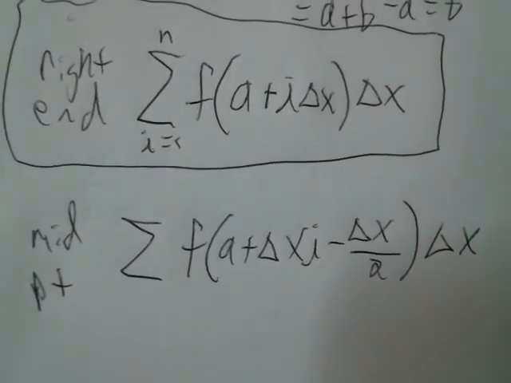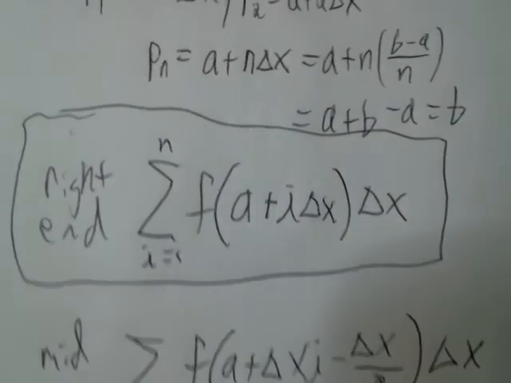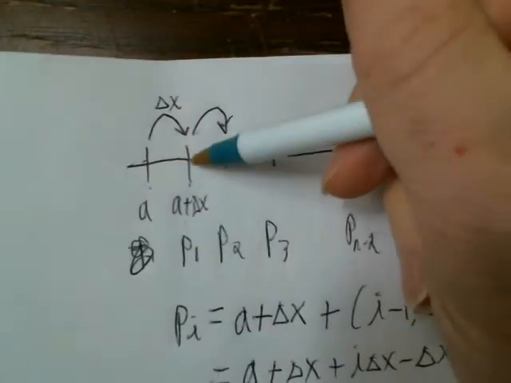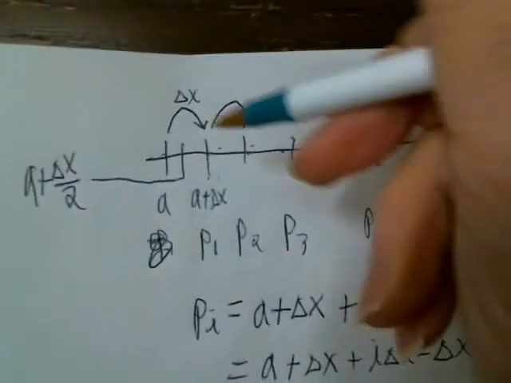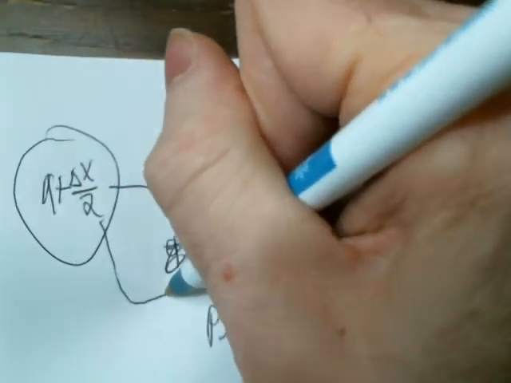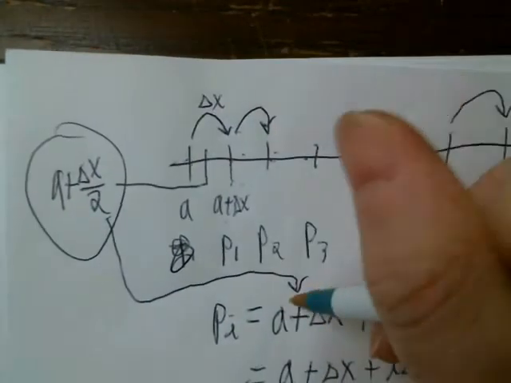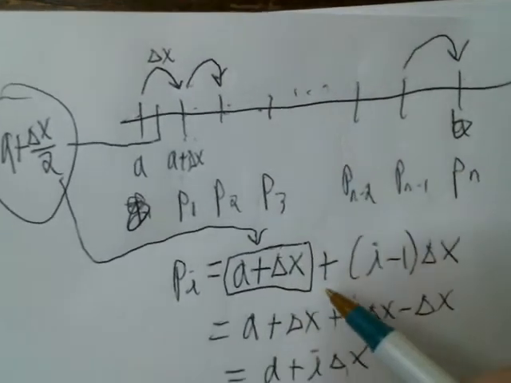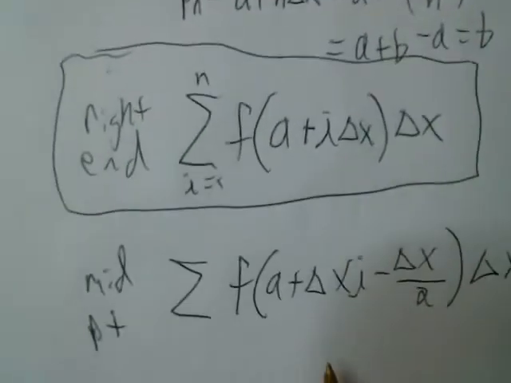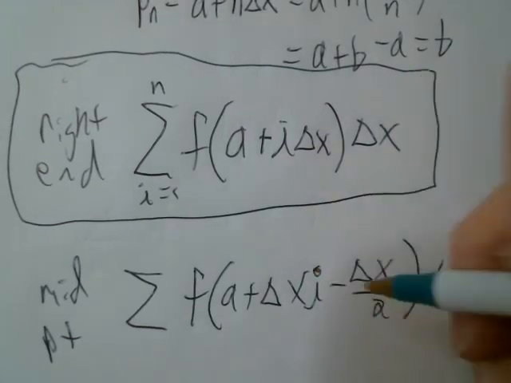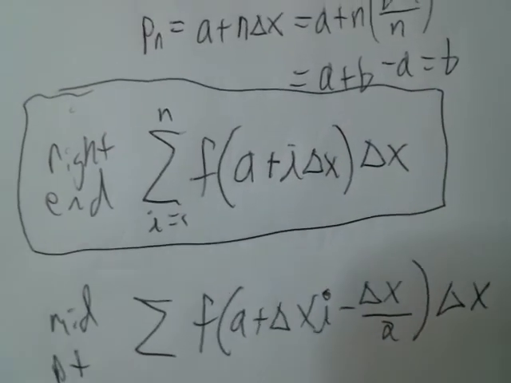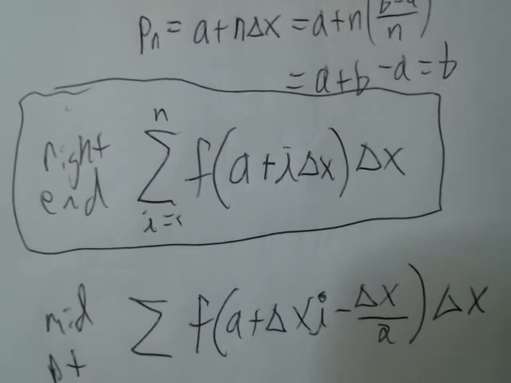So I just built another sequence formula where instead of starting at a plus change in x or a, I start at this point right here in between, which would be a plus change in x over 2. And then I plugged it in for this portion of my formula and simplified it, and my simplified formula is this thing right here, where this is maybe not clear, it's an I. All right, so you have those formulas.